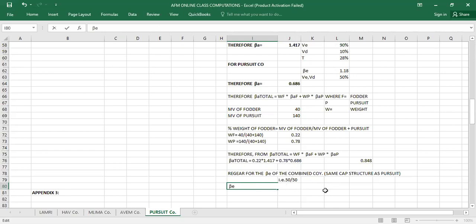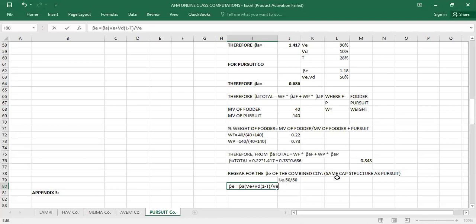Beta equity will be equal to our beta asset, plus the value debt, all of them divided by value.